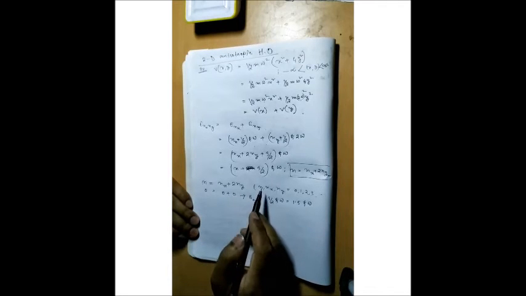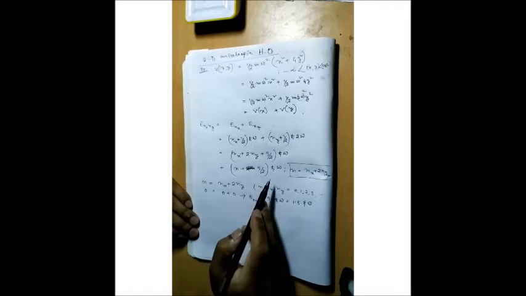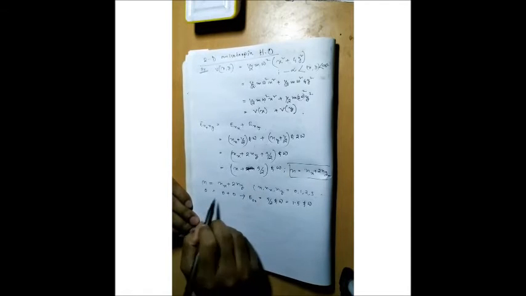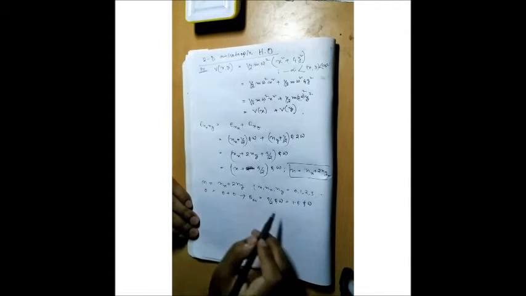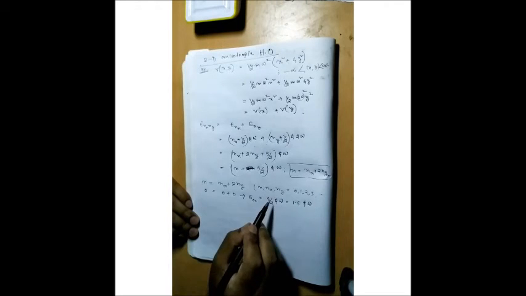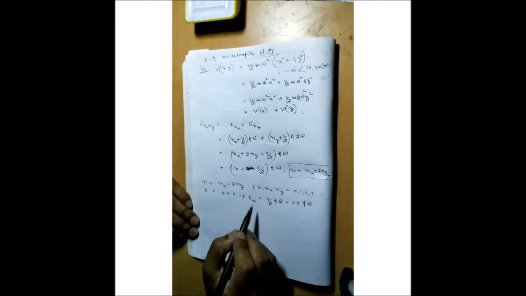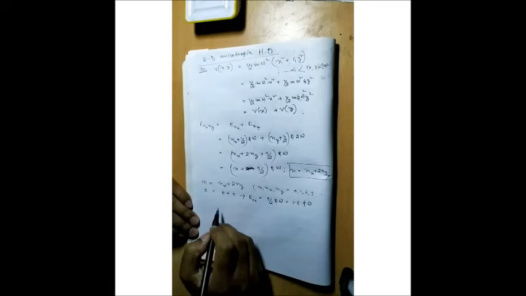Now what will be the first excited state? Always remember that the first excited state energy is just greater than the ground state, and the second excited state energy is just greater than the first excited state, and so on. Clear?